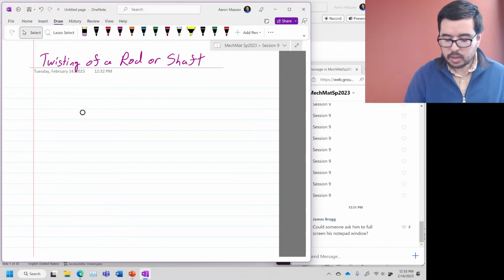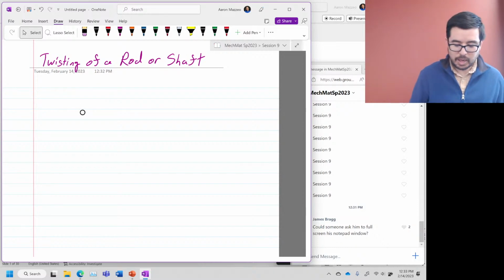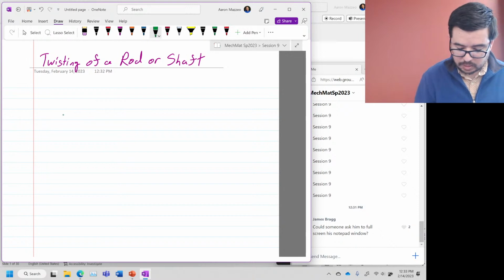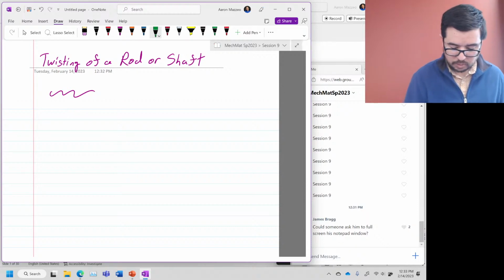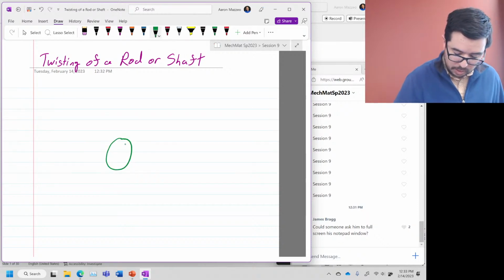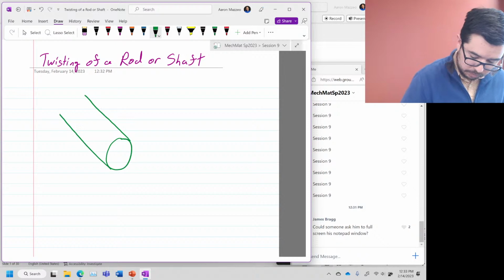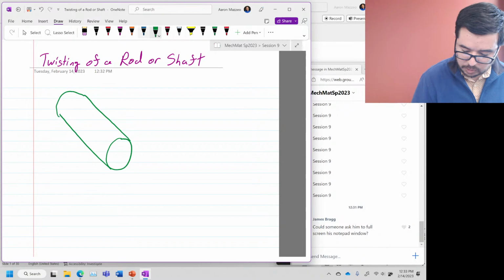So let's imagine that we have a rod like this.